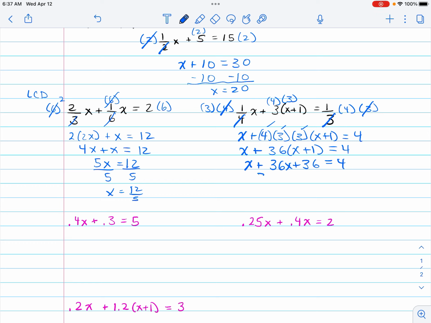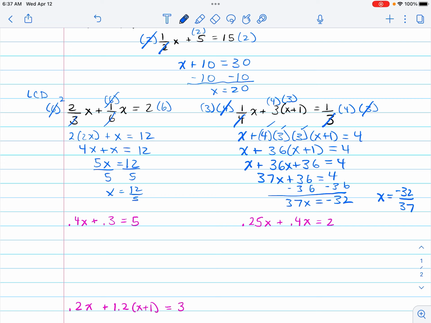Gather like terms together. Now notice I've got the 36 over here. I need to subtract that from both sides. And I get 37x equals negative 32. The last thing is just divide by the coefficient of the x, and we get x is equal to negative 32 over 37. And there's our solution.